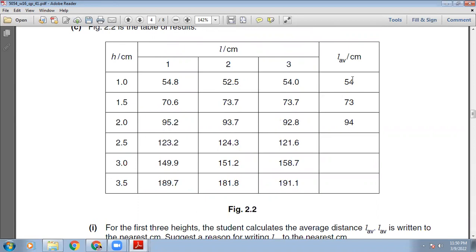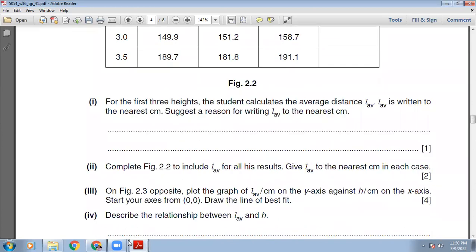The reason is, if you look at this data, the variation in the data is more than 1 centimeter. The values in the data are very varying from each other. So there is a large variation in the data. That's why. So that was the first part.